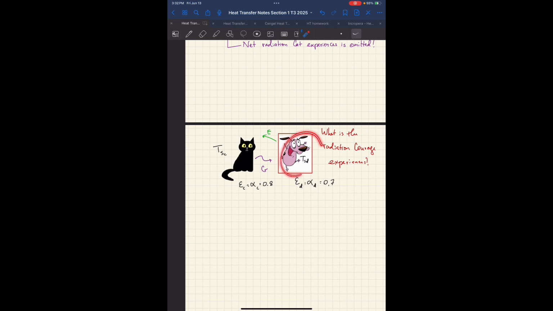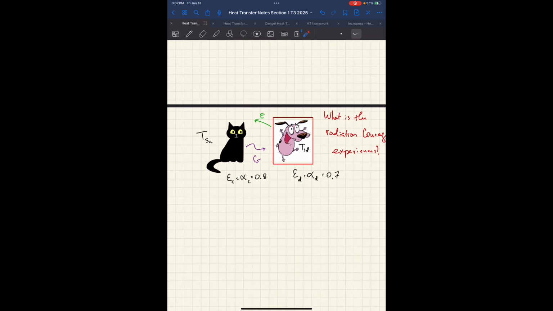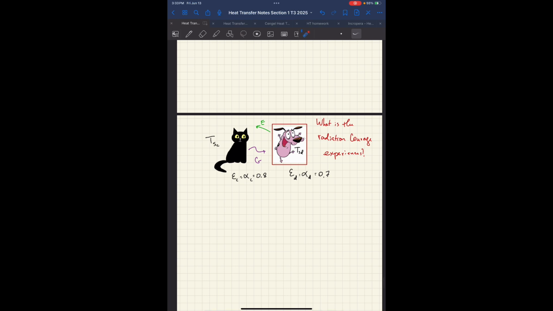And let's say that now I want to know, what radiation does Courage, the cowardly dog, the famous, of course, experience in this case? This is a little bit tricky. It's not difficult, but it's a little bit tricky because, you see, in general, the cat and Courage are going to have two different emissivities. And if you assume them both to be gray body, that makes it a little bit easier, but still these numbers might be different. So I intentionally made them different. So how do we do this?